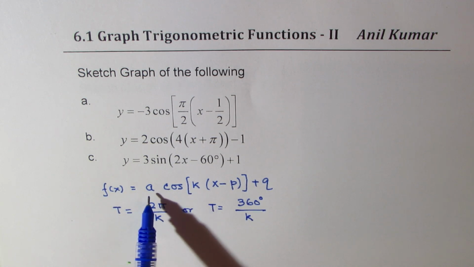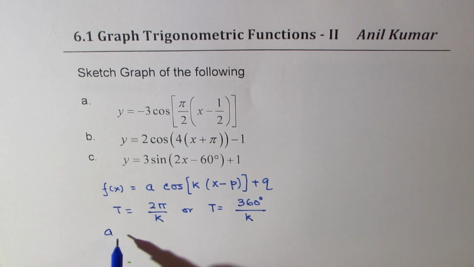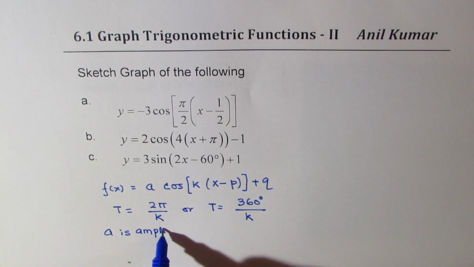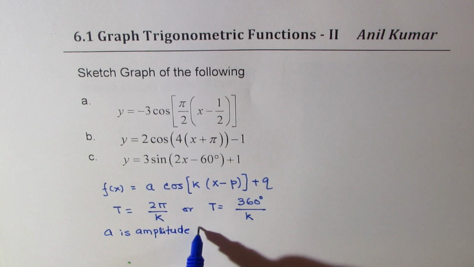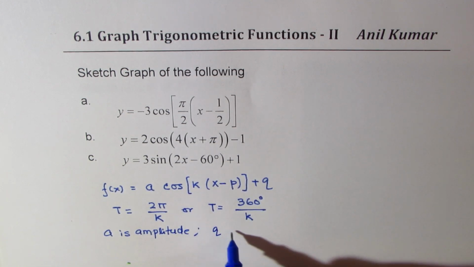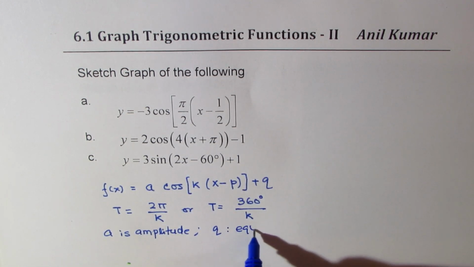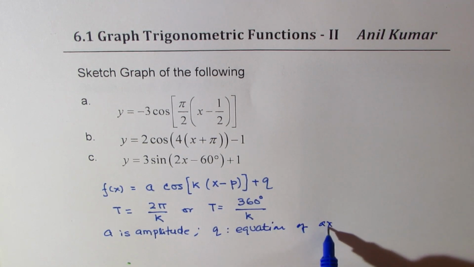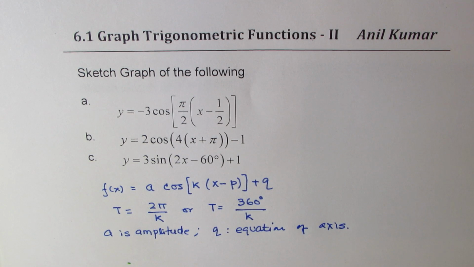A, of course, is the amplitude. Q is the equation of the axis. So these are the general things which you need to take care of.